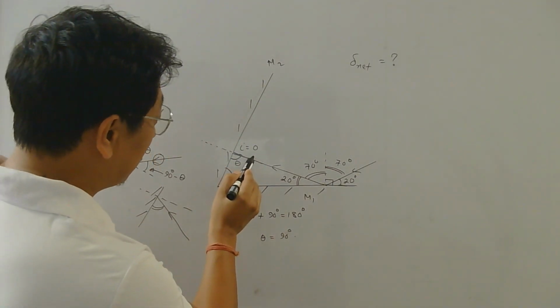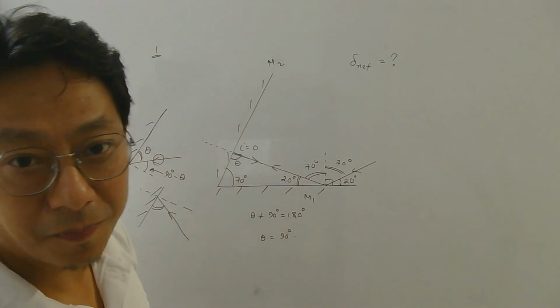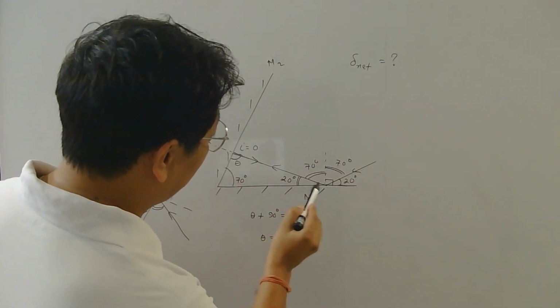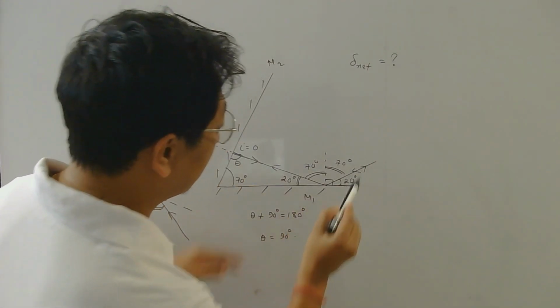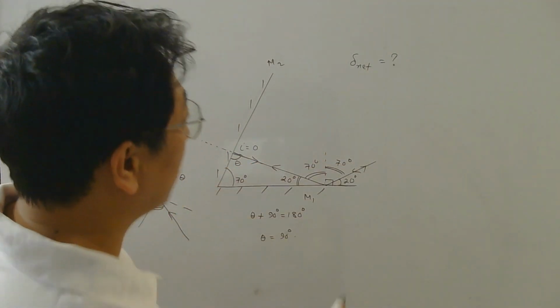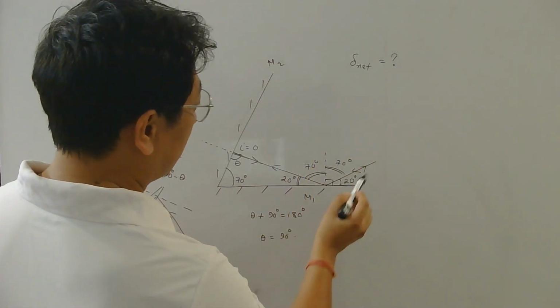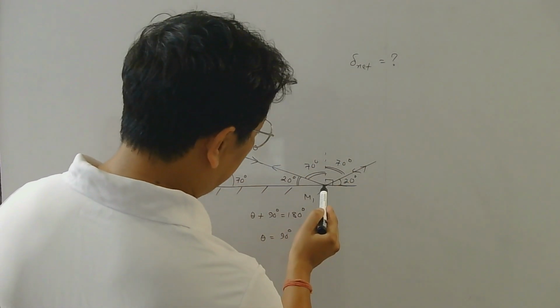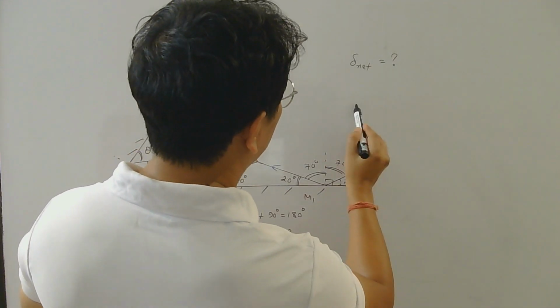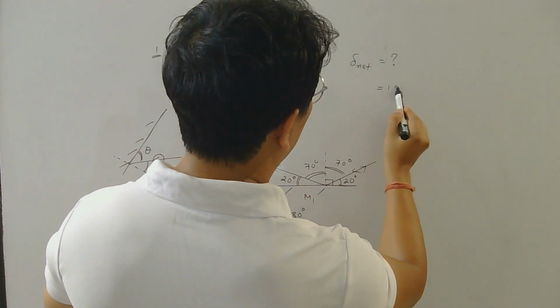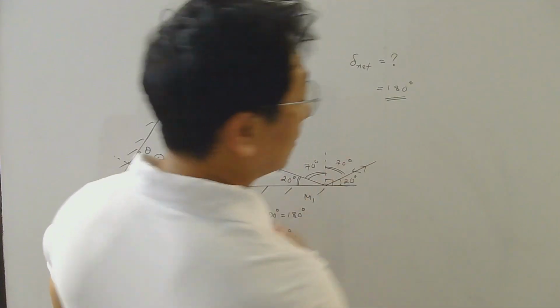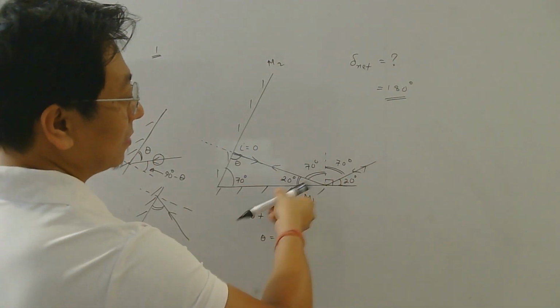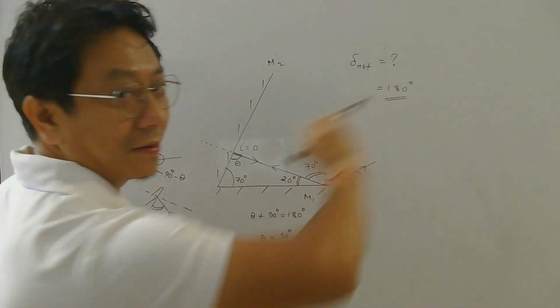That means this light will go back this way. And then that light will come here and again go this way. Right? So if you ask what is the total deviation after reflection from here and then reflection from here and then reflection from here, then the total deviation is 180 degree. Because this light is going back as this light.